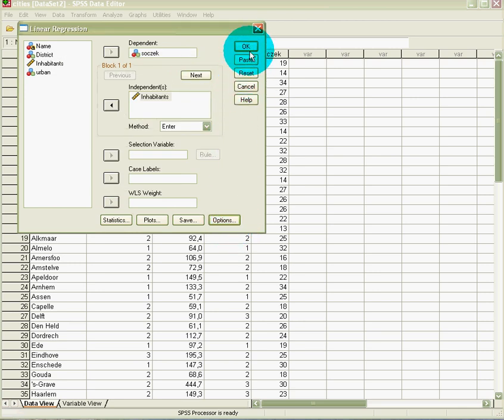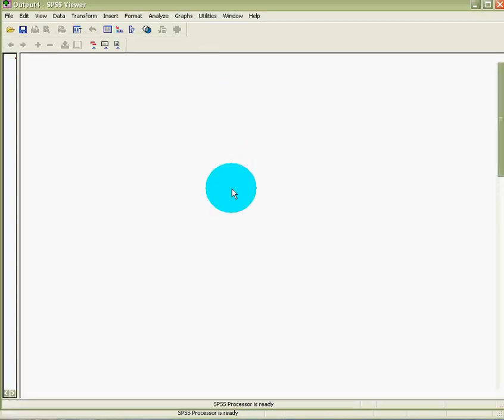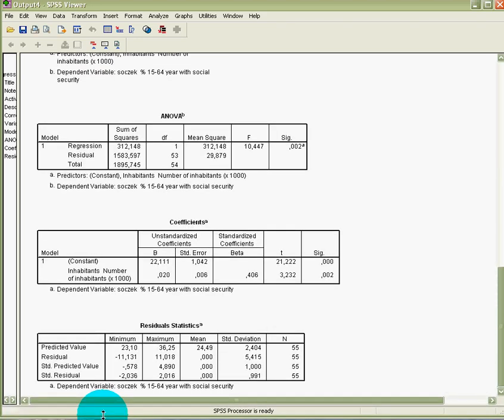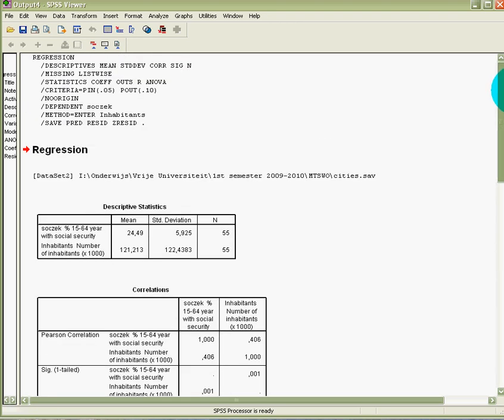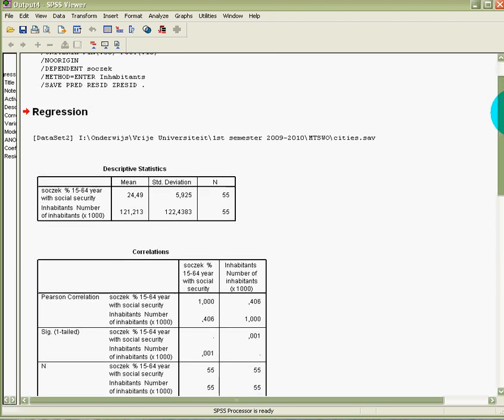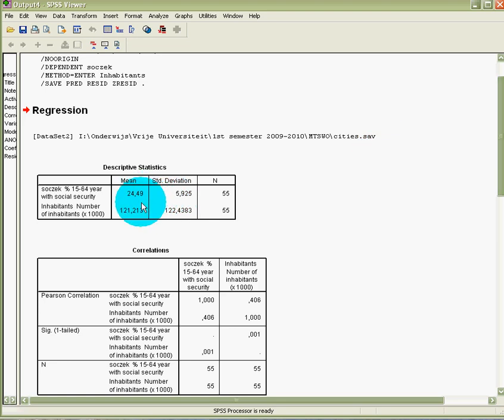If we click on OK, SPSS will generate an output, and this is our output. First of all, the mean for both variables: the average percentage of people living on welfare in these cities is almost 25%.